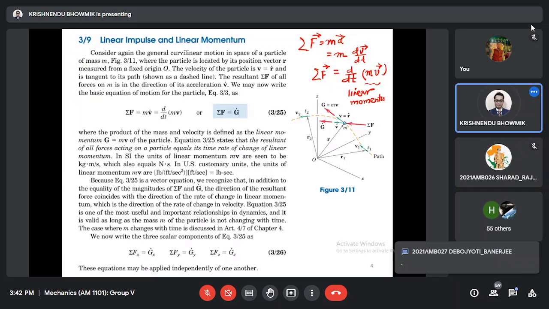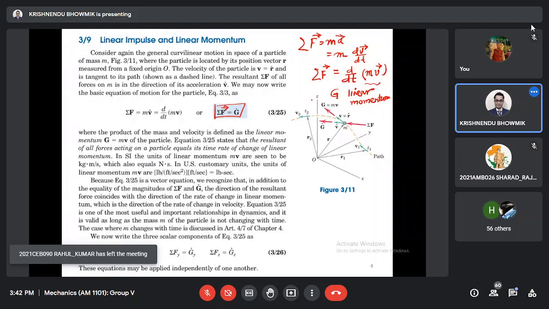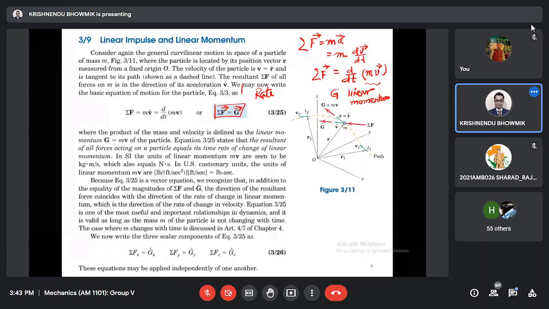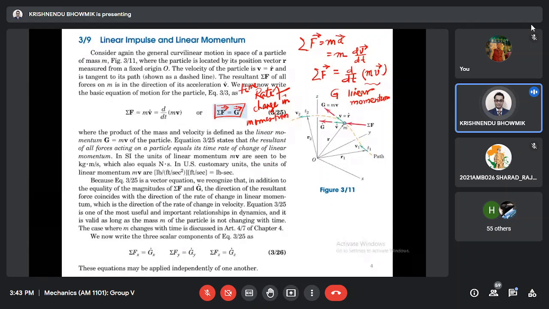If we denote linear momentum by G, then summation F equals G dot in vector form, that means the time rate of change of linear momentum equals the resultant force.